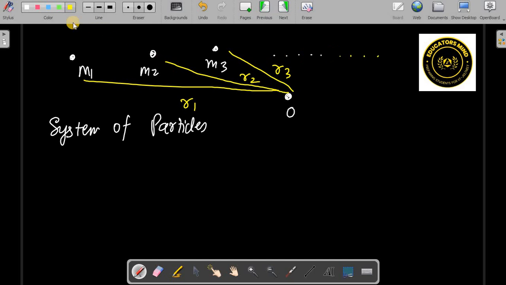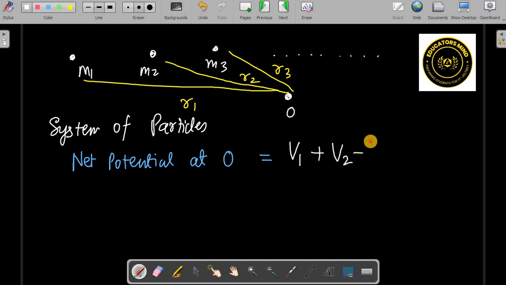So many particles may be there. So the net potential at O is the total potential, the sum of the potential due to 1, potential due to 2, potential due to 3, and so on.